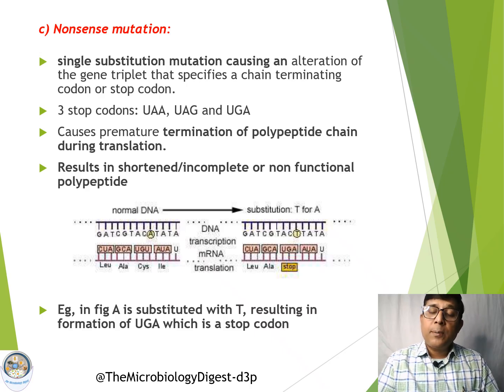All of a sudden the stop codon is generated and there is premature termination of the polypeptide chain during translation. In the diagram you can see A is substituted with T, resulting in the stop codon UGA.